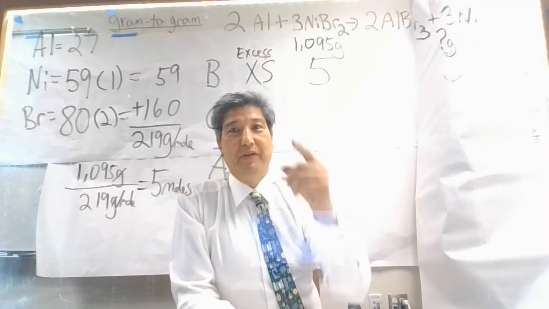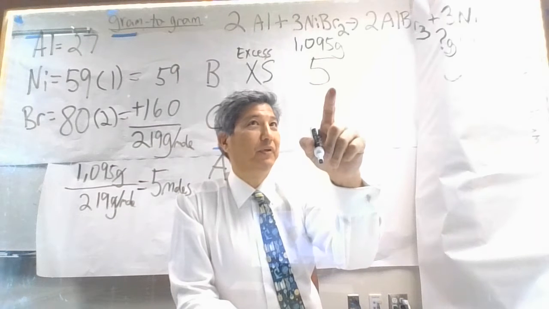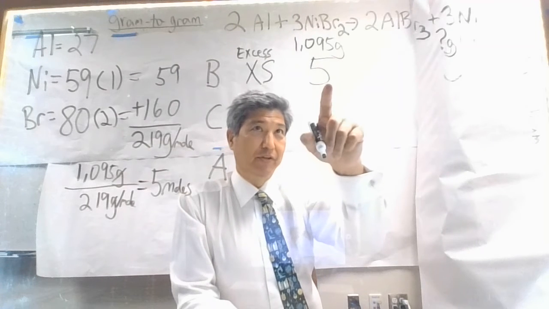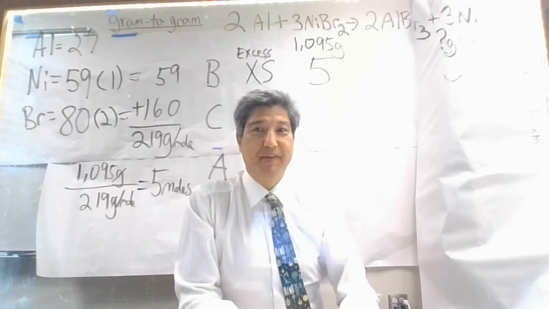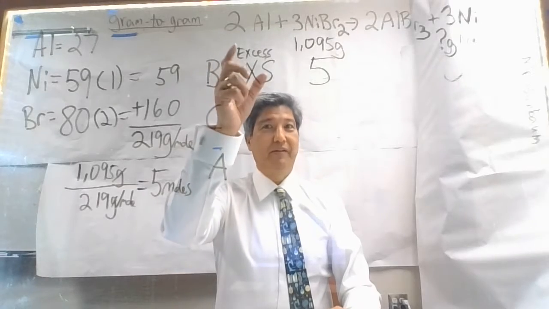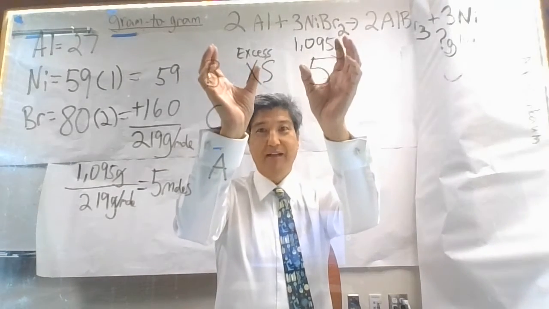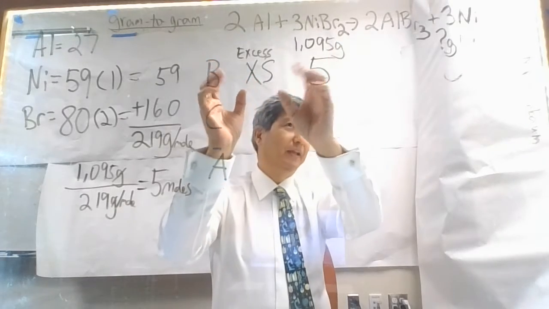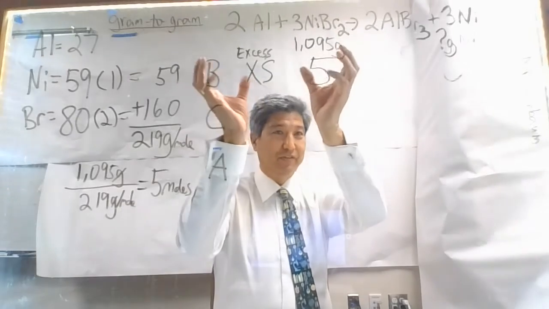What this means is I've got enough or more than enough aluminum to combine with NiBr2 to use up the NiBr2 completely and then get my products. So I'm getting my aluminum out of the cupboard, my NiBr2 out of the cupboard, so I've got these two reactants. I haven't mixed them up yet.